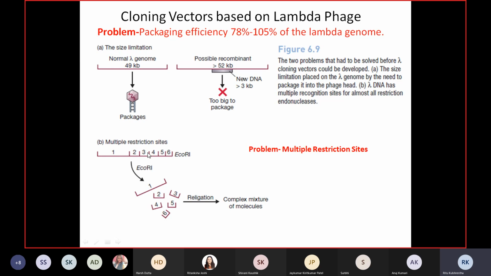Because if we want to clone something, let's say in the EcoR1 site in the lambda phage genome, then because there are multiple EcoR1 sites, we will fragment the vector itself, which is never desired. So these were the two problems that needed to be tackled before using phages as the cloning vector.